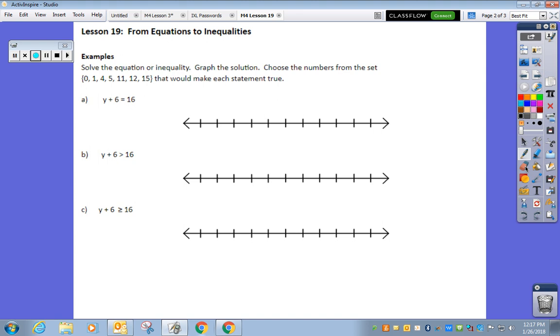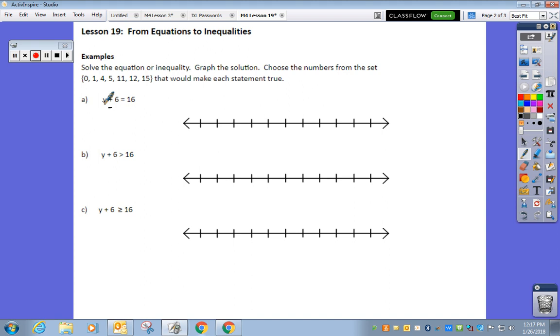Okay, so the first thing we're going to do is solve the equation or inequality. If we look at the first one, we have an equation since there's an equal sign. Since it's an addition equation, we're going to use the inverse operation, which would be subtraction. We're going to be subtracting the number that's on the same side of the equal sign as the variable.